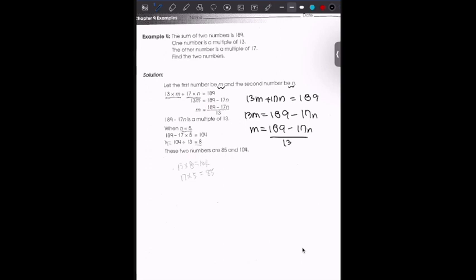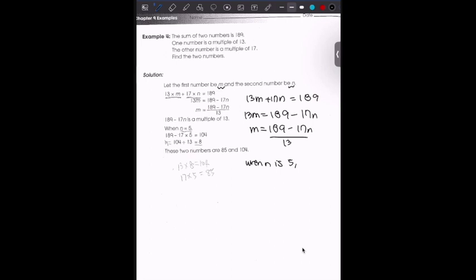So we know that 189 minus 17n is a multiple of 13. And so when n is 5, this was done by guessing and checking, so you can start from 1 and then get to 5.